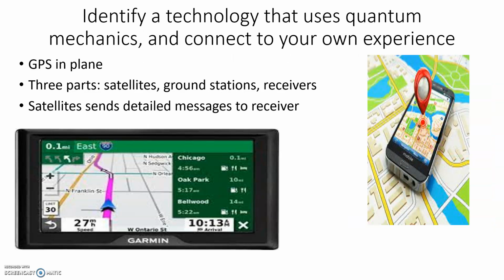Quantum physics was used with the Global Positioning System, or GPS, that is in the plane that I traveled in going to Europe and coming back home. GPS has prevented the need for the use of a map or directions from other people. How it works is a three-part system that consists of satellites, ground stations, and receivers.